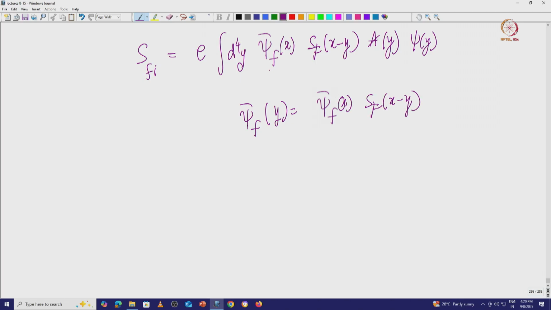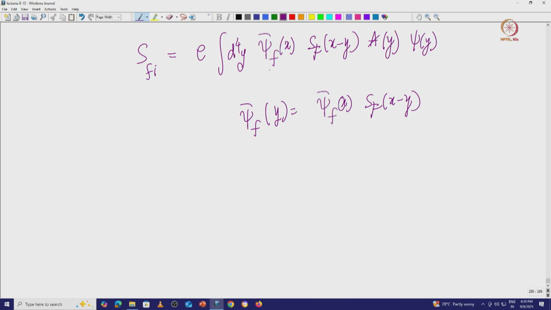So what we did was that psi bar of x propagates to the scattering point with a propagator. This wave is traveling to the interaction point, and at the interaction point you add these wave functions, A-slash of y and psi of y. This is your propagator essentially.